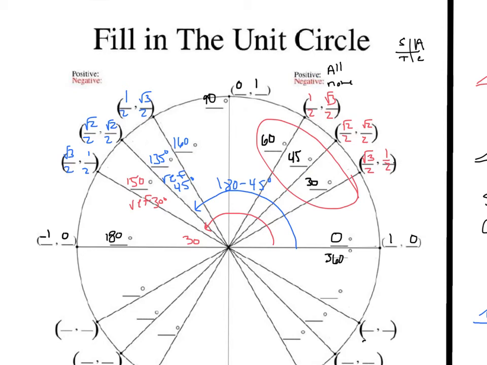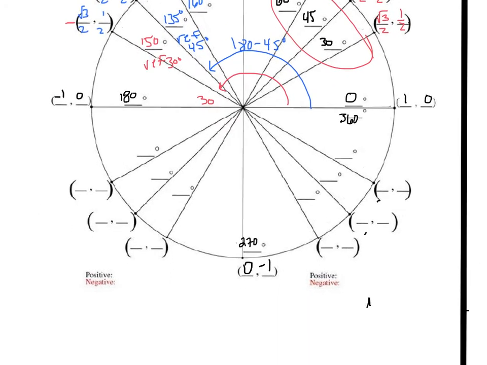But the only thing that we have here is sine and cosecant are the only positive ones. Everything else is negative. And the quick way to do this is the only thing that I have to make negatives are my x values, because in this quadrant all the x values are negative. Okay? So let's go to the bottom half here.